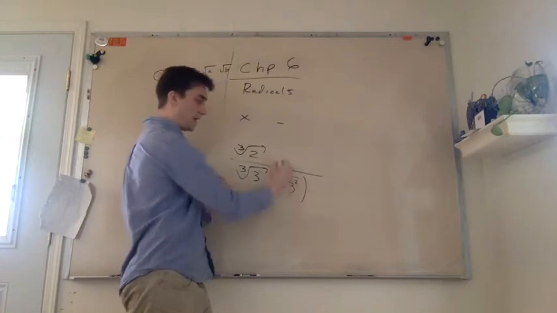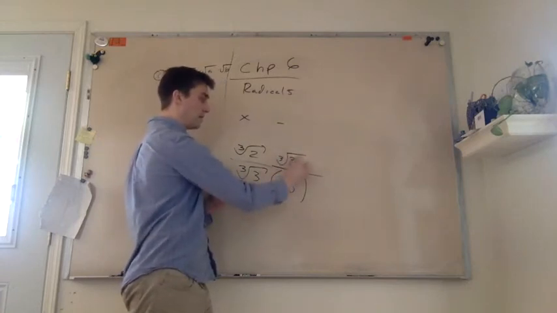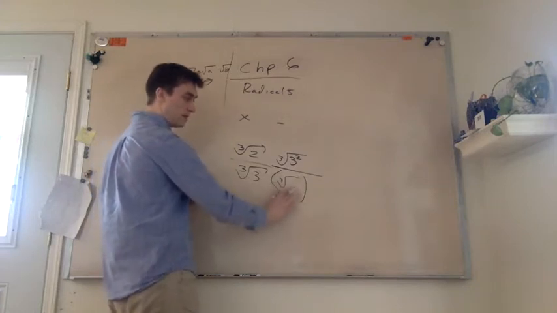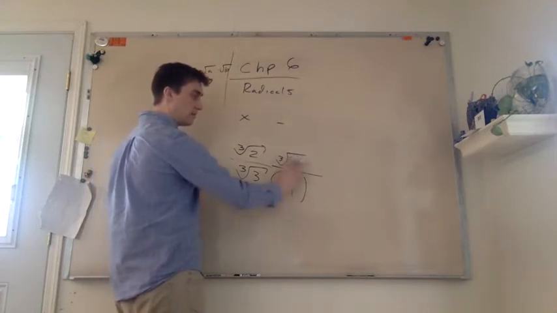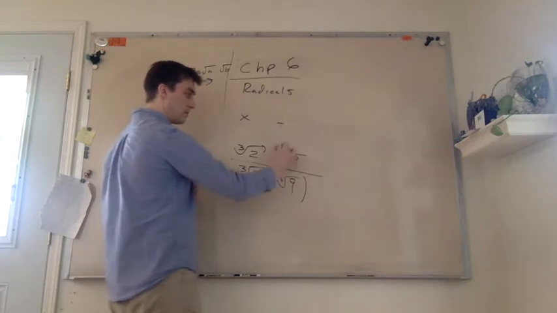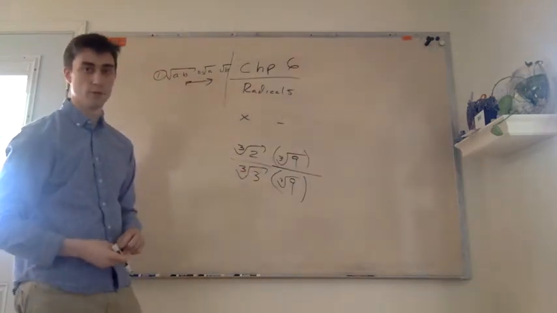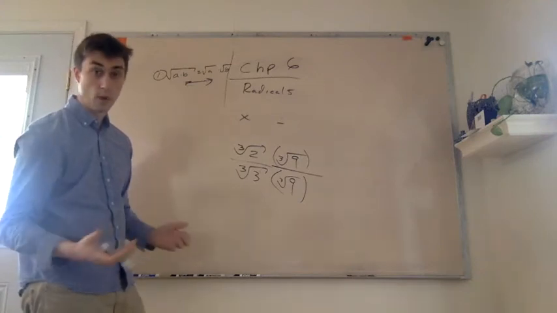So the fact that you've done that there means that you have to do that here. Which, by the way, 3 squared is 9. So you can just write that as 9. So what I'm doing is I'm multiplying top and bottom by the cube root of 9. Why?